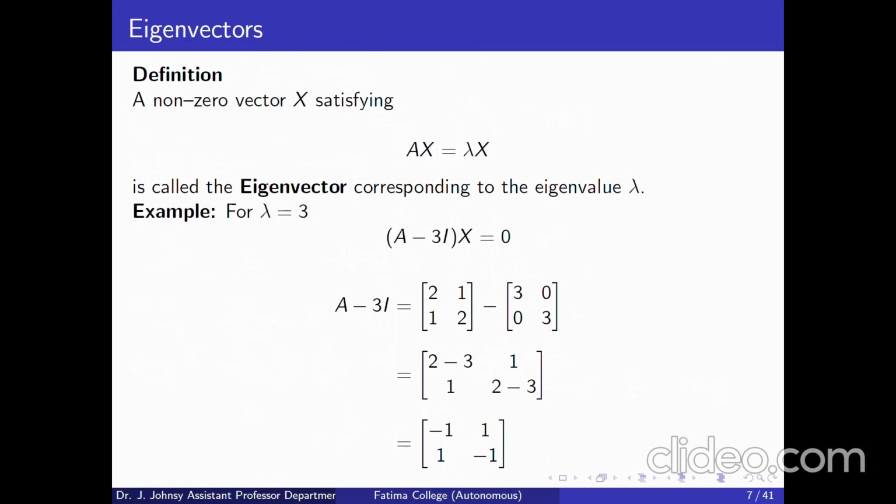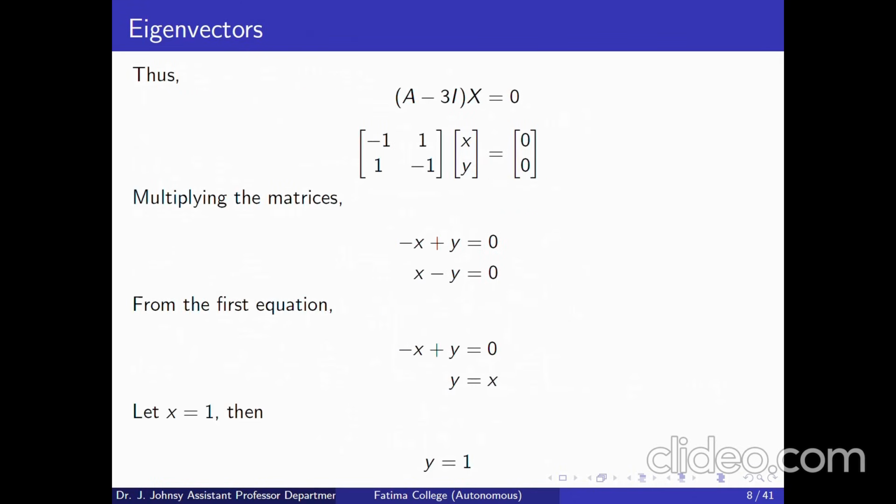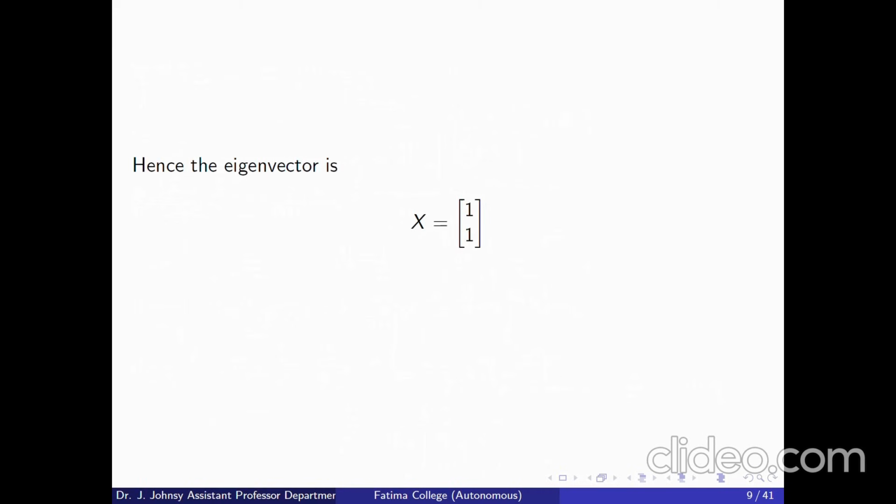Substituting lambda equal to 3 and solving the system of equations gives the relation x is equal to y. Then let x is equal to 1, then y is equal to 1. Hence, the eigenvector corresponding to lambda equal to 3 is the column vector x equal to 1 and 1.